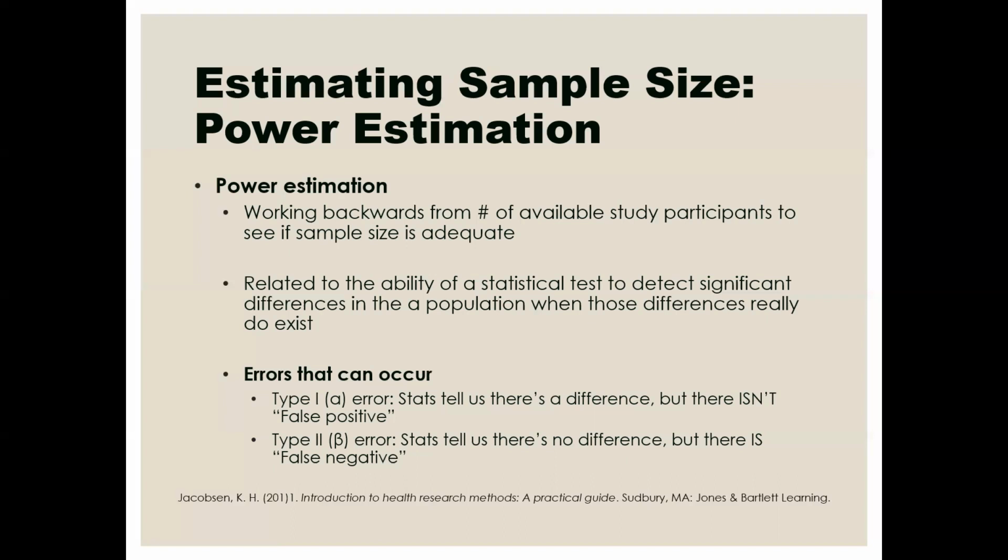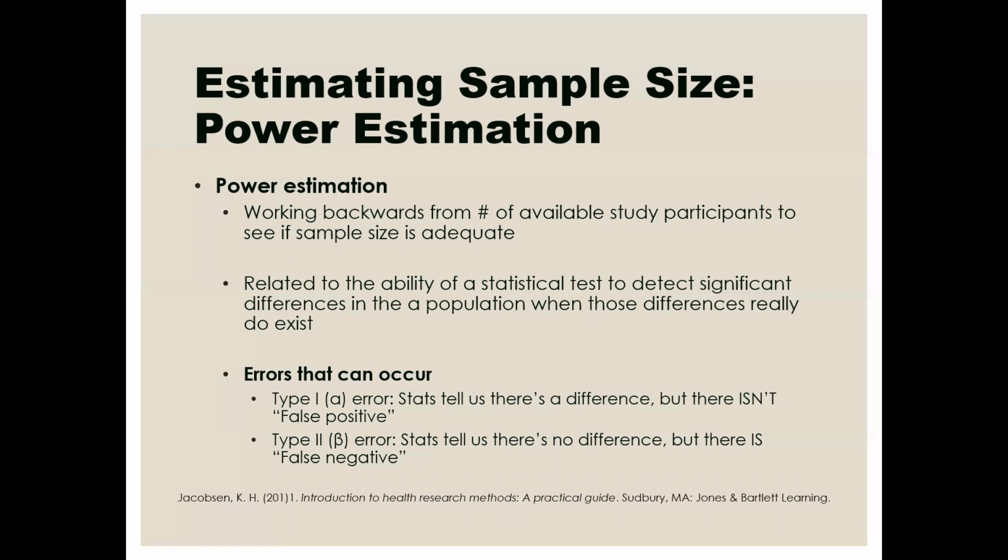Or the beta, the type 2 error, says there's no difference, but there is. So you take that same TBI protocol and you make a type 2 or beta error and you say, there's no difference between this protocol and any other protocol with TBI rehabilitation, traumatic brain rehabilitation. But actually what you found is there is.